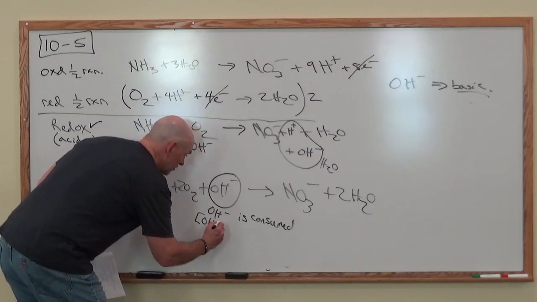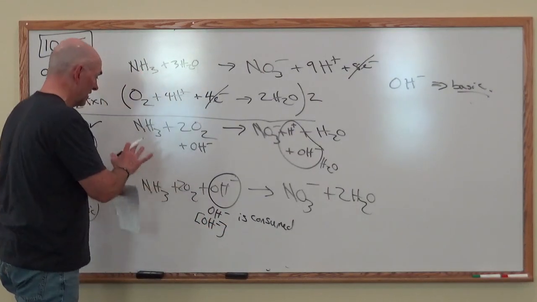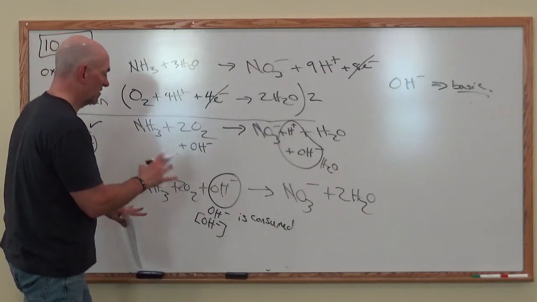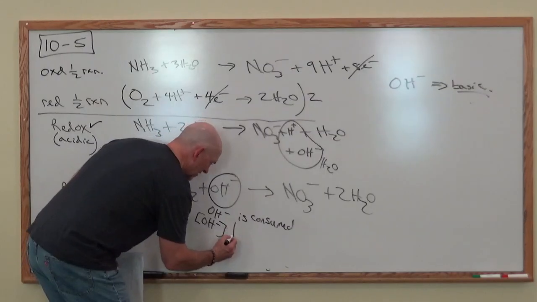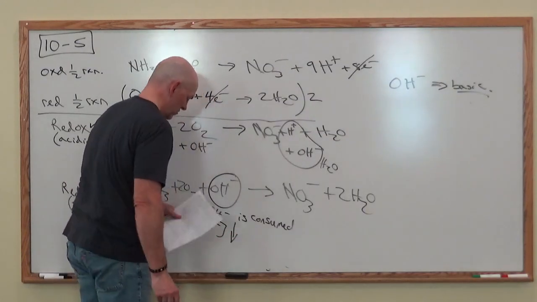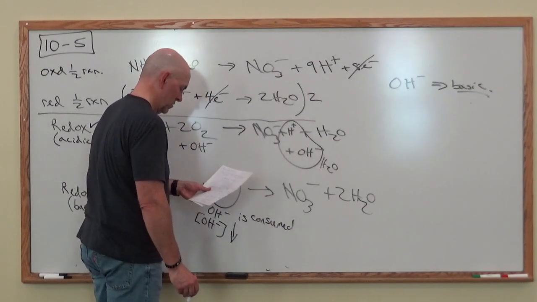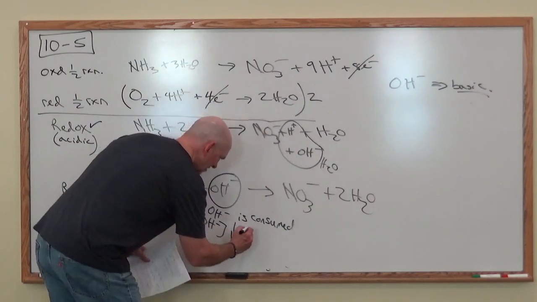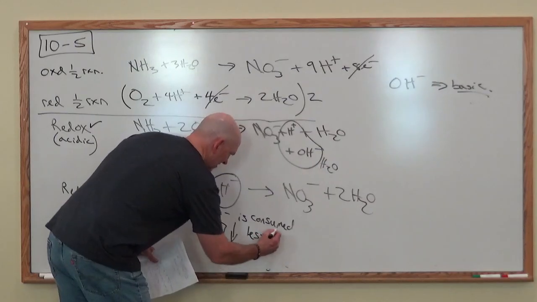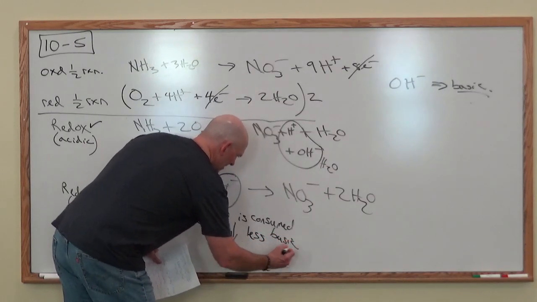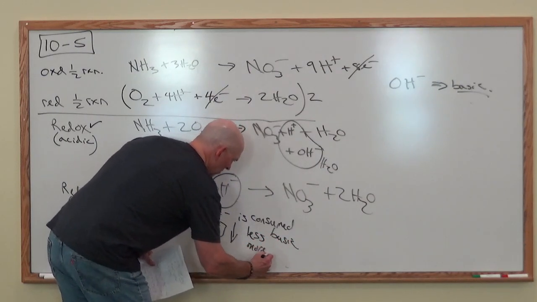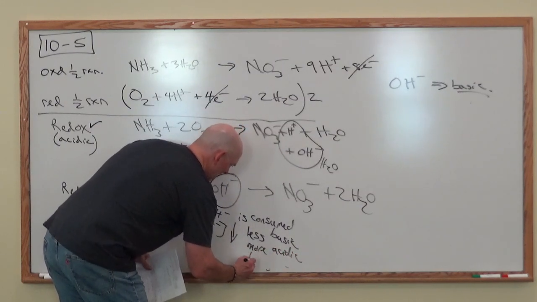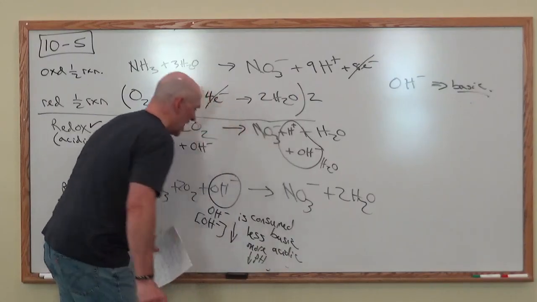So in this particular system, if you introduce ammonia into it in a basic environment, the concentration of OH minus goes down. Well, okay, which means it gets less basic, which is the same thing as more acidic, which is the same thing as a decrease in pH.